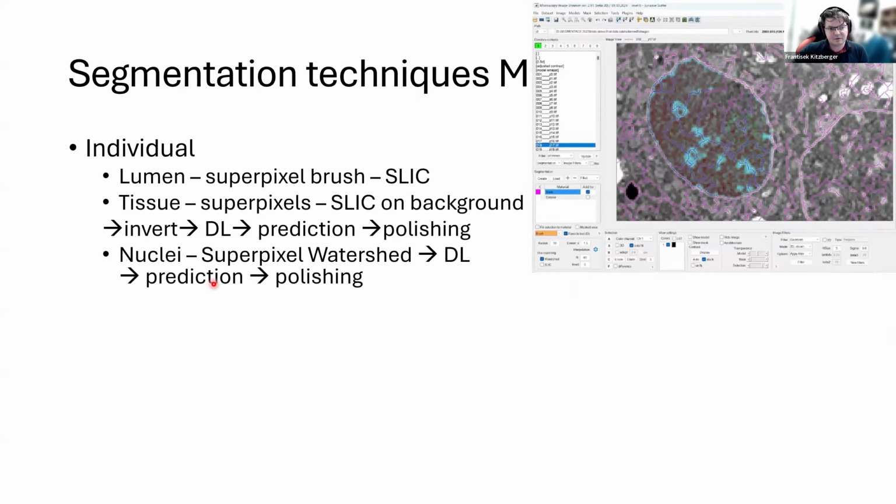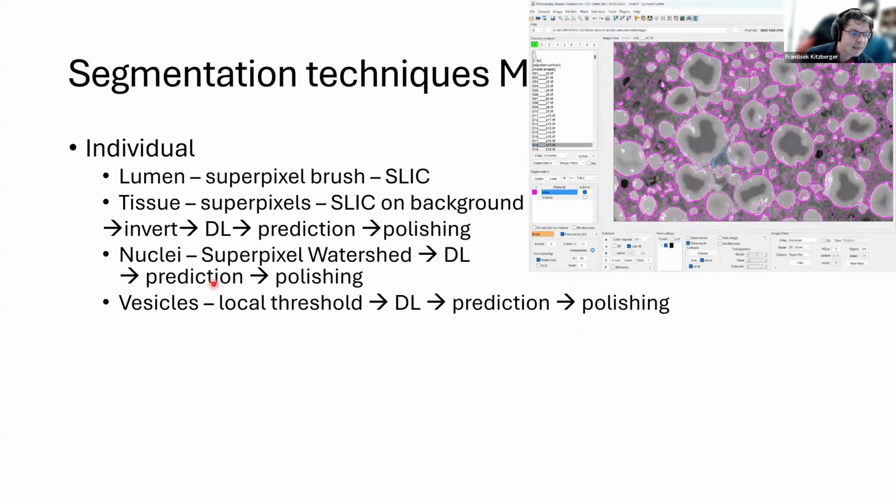The next part of the data set here are the nuclei, which were again segmented with the enhanced brush with watershed superpixels. In this case, we then used deep learning again, because there was a really huge number of nuclei patches. So we segmented just a few of them, and then again did the deep learning and predicted and polished everything. The next part were the vesicles.